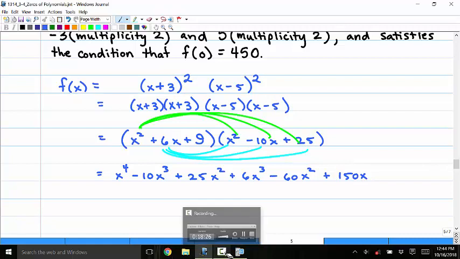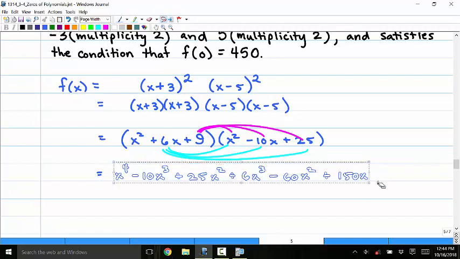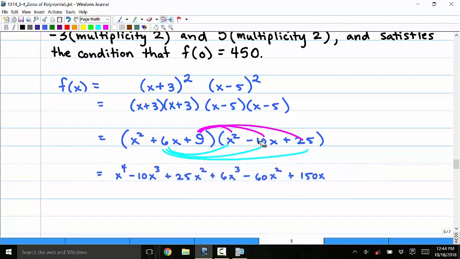Is that right? Okay, last, I need to multiply the 9 times all three. And I get 9x squared minus 90x plus, what is that, 225?